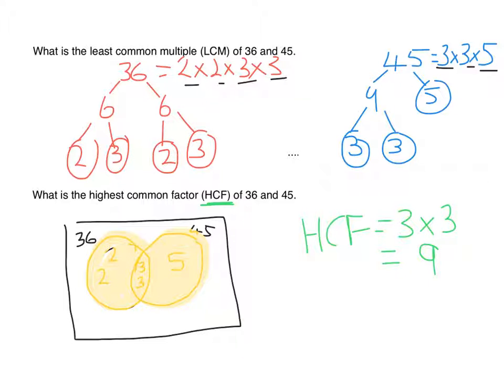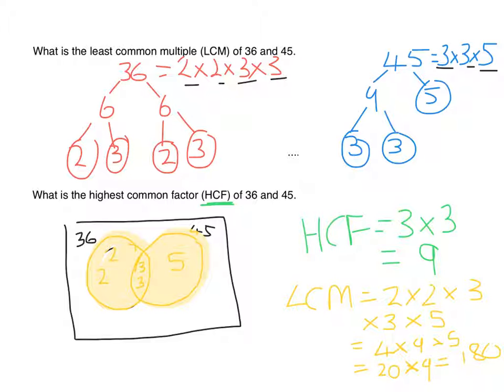So we're going to be doing 2 times 2 times 3 times 3 times 5. 2 times 2 is 4. 3 times 3 is 9 times 5. 4 times 5 is 20. 20 times 9 is 180. So my lowest common multiple is 180, and my highest common factor is 9.